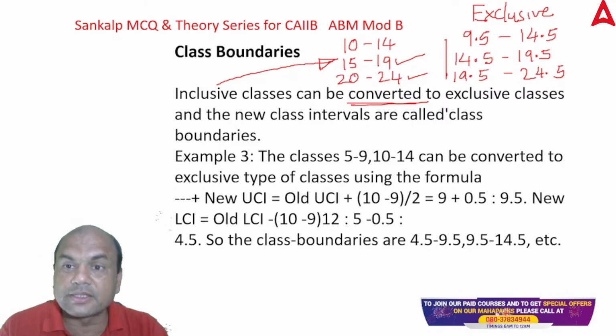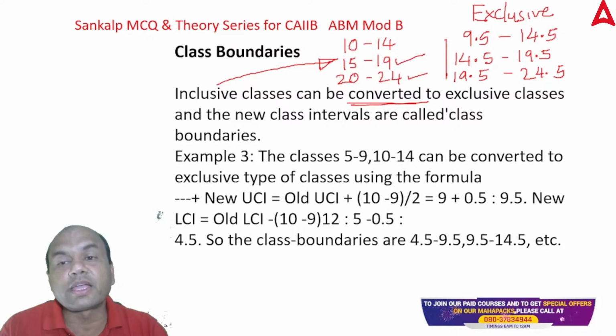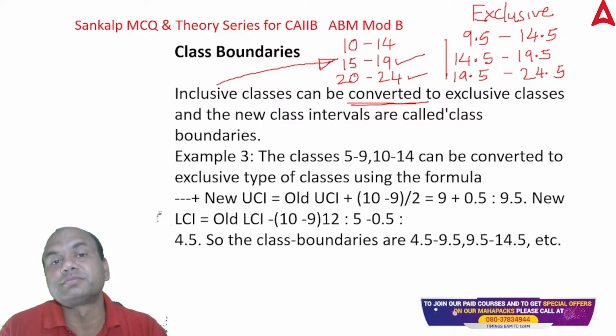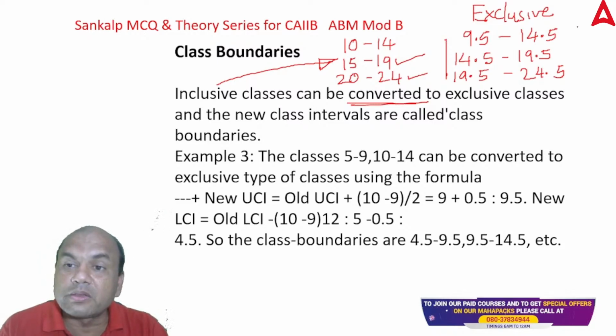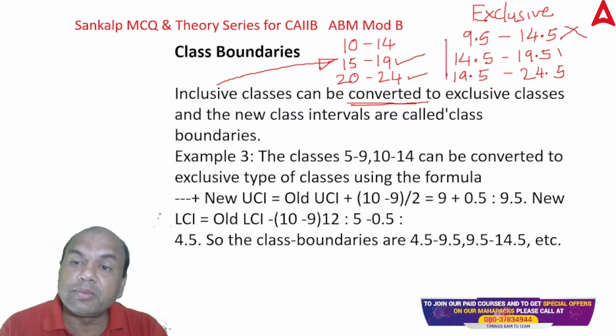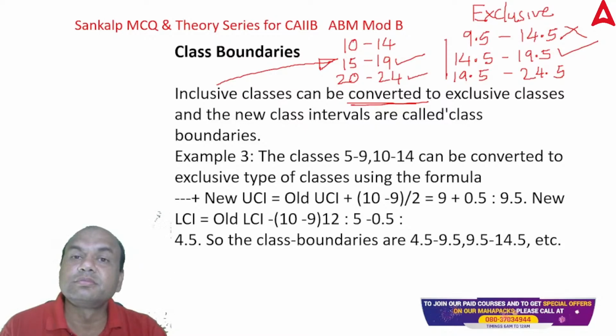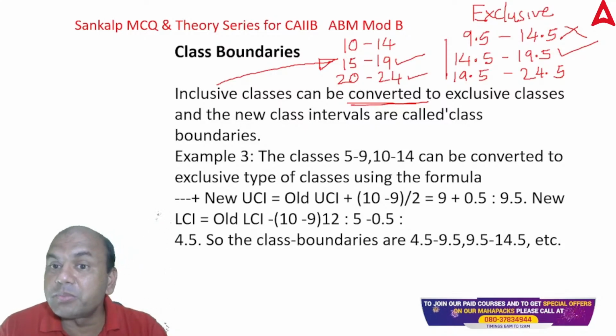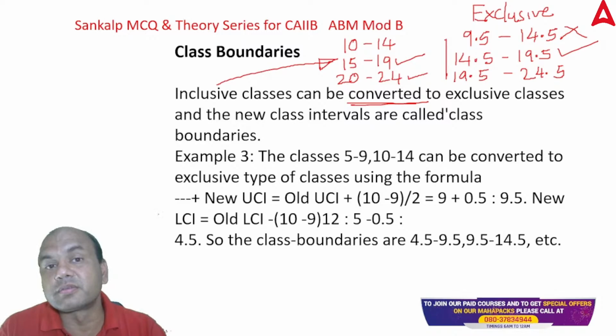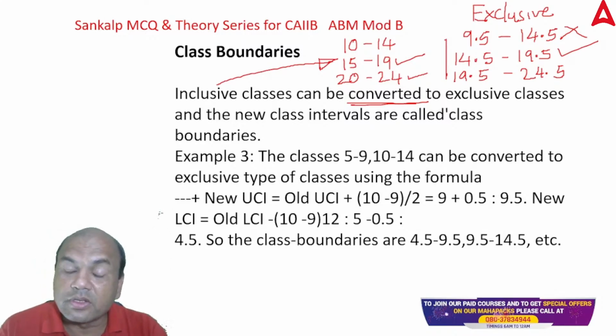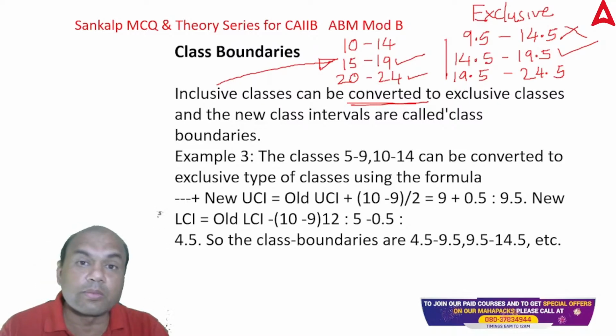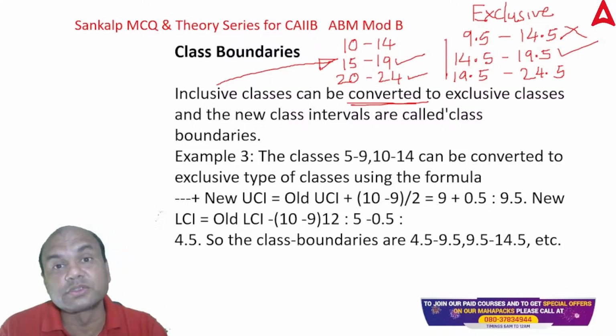For example, suppose I get 14.5 as a number. That 14.5 will not be included in this, but it will be included in this. So exclusive doesn't mean both the boundaries are excluded. It can be either one boundary or both, the upper boundary or the lower boundary. Anything is called exclusive.